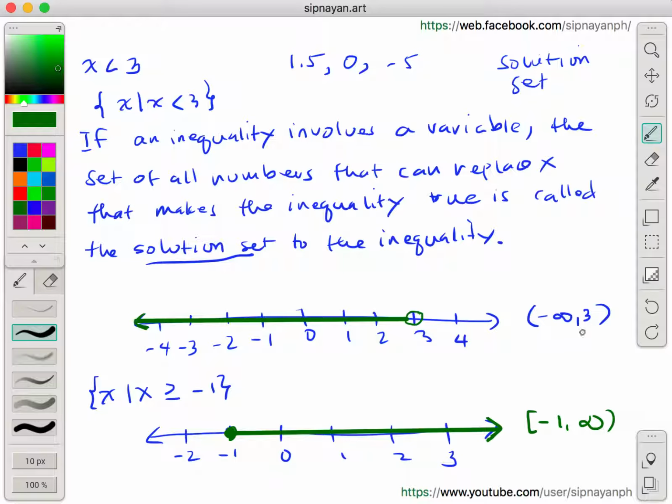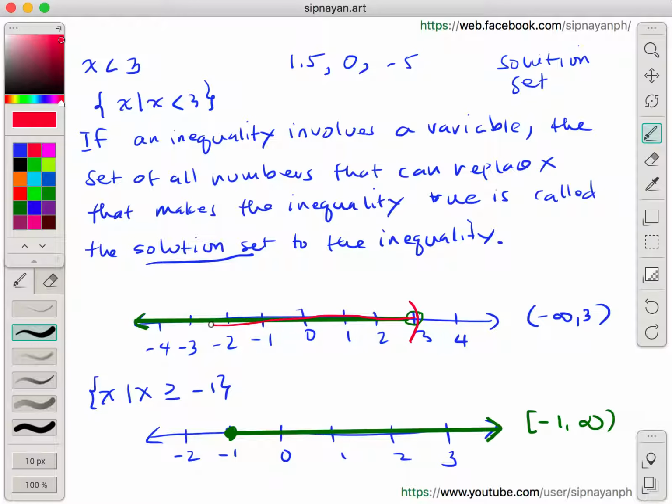Now, there is another notation na ginagamit ng ibang libro. Madali yung tandaan kasi gumagamit sila ng parenthesis tsaka square bracket. Nilalagay mismo nila sa number line. For example, ito. This is a bracket, so this is not included. Nilalagay nila parang curve, wala tong bilog, so diretso lang yan.